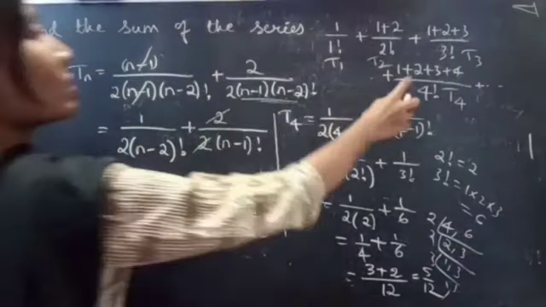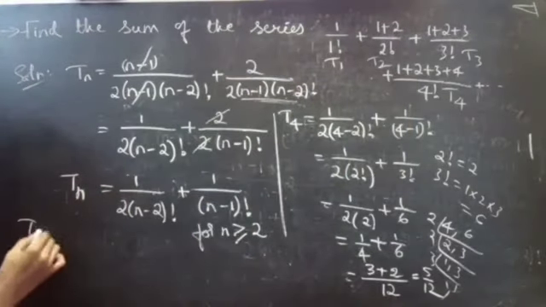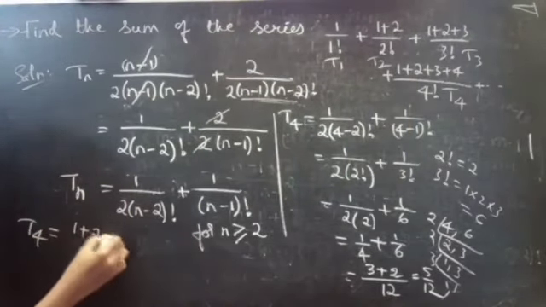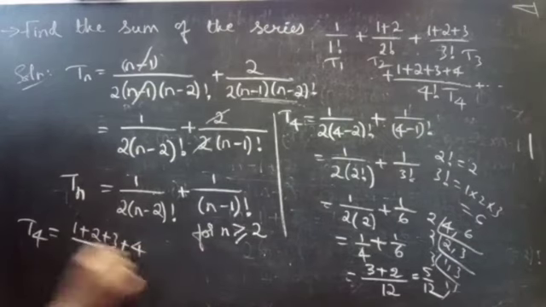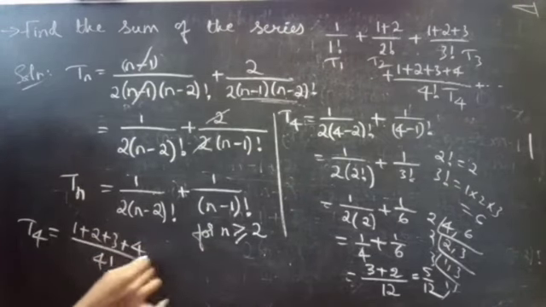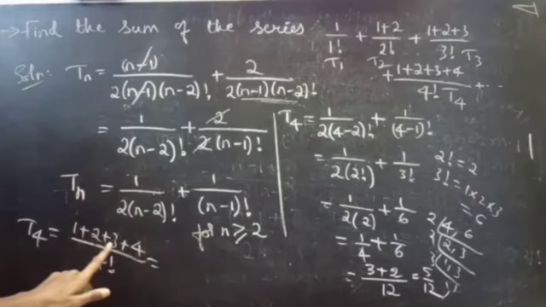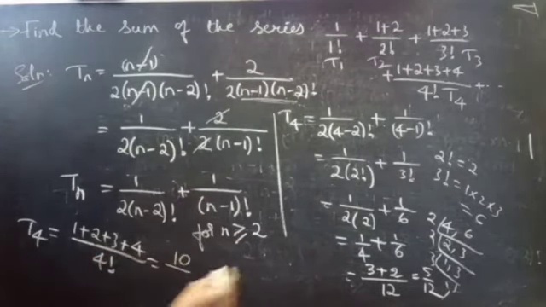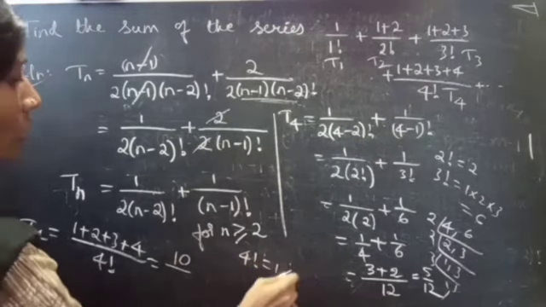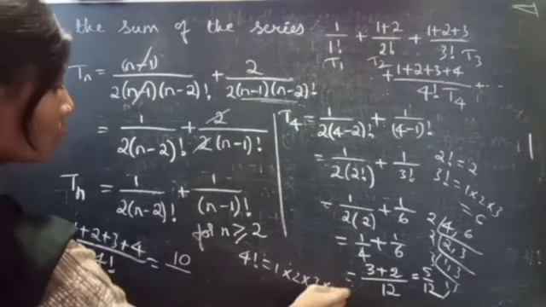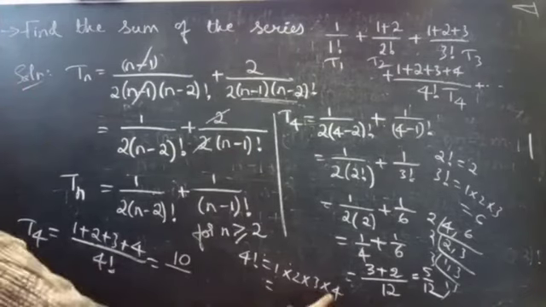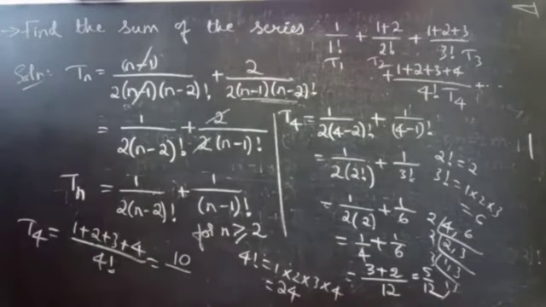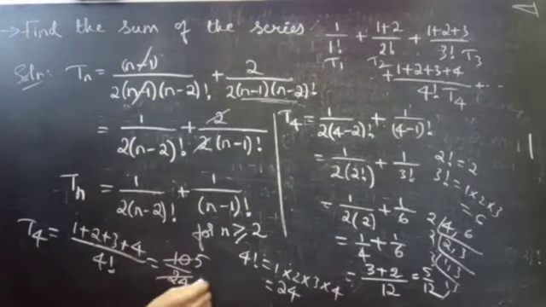Now I'm going to consider the fourth term which is given in the series. Okay, 1 plus 2 is 3, 3 plus 3 is 6, 6 plus 4 is 10, by 4 factorial, which equals 1 into 2 into 3 into 4. 2 3s are 6, 6 4s are 24. Okay, so I'll get 10 by 24. 2 5s are 10, 2 12s are 24.